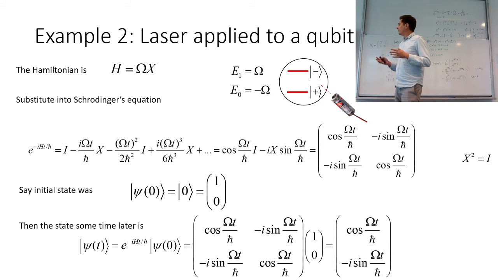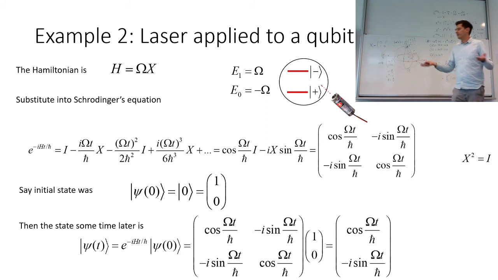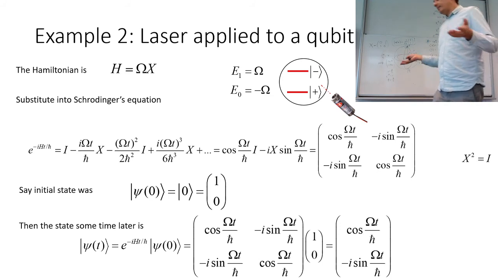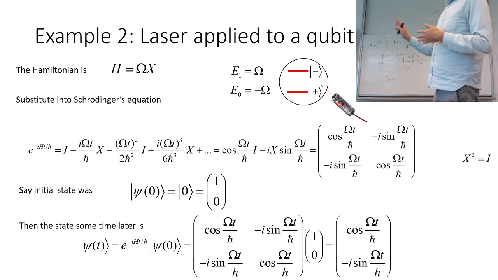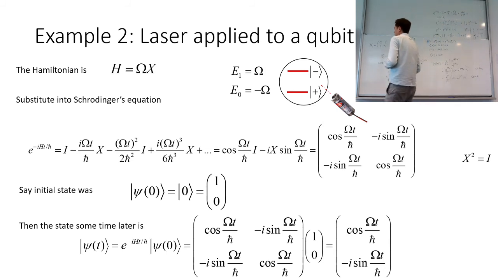There are some parts which I don't really expect you to understand, like why does the laser give that Hamiltonian. That part I just told you that it is, so no need to worry about it. You can leave that to the physicists to tell you why that is.